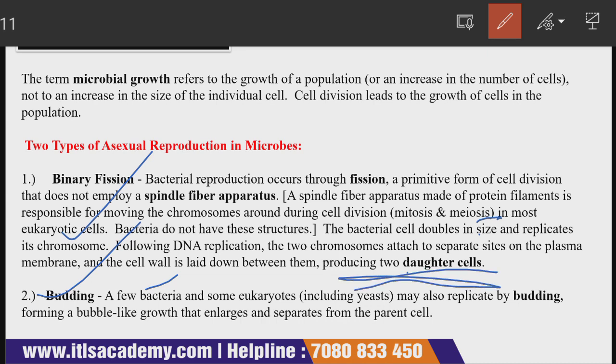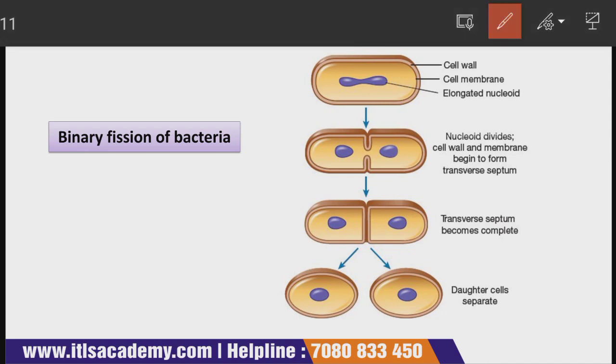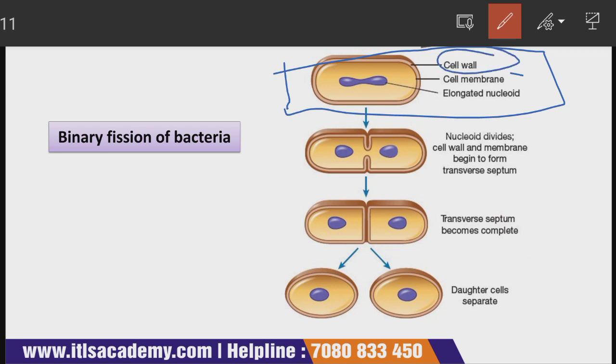producing two daughter cells. Let me show you a figure to explain this. See, this is a bacterium. Can you see? This is a bacterium. So the bacterium has a cell wall, a cell membrane, and an elongated nucleotide. Now what is this nucleotide doing?